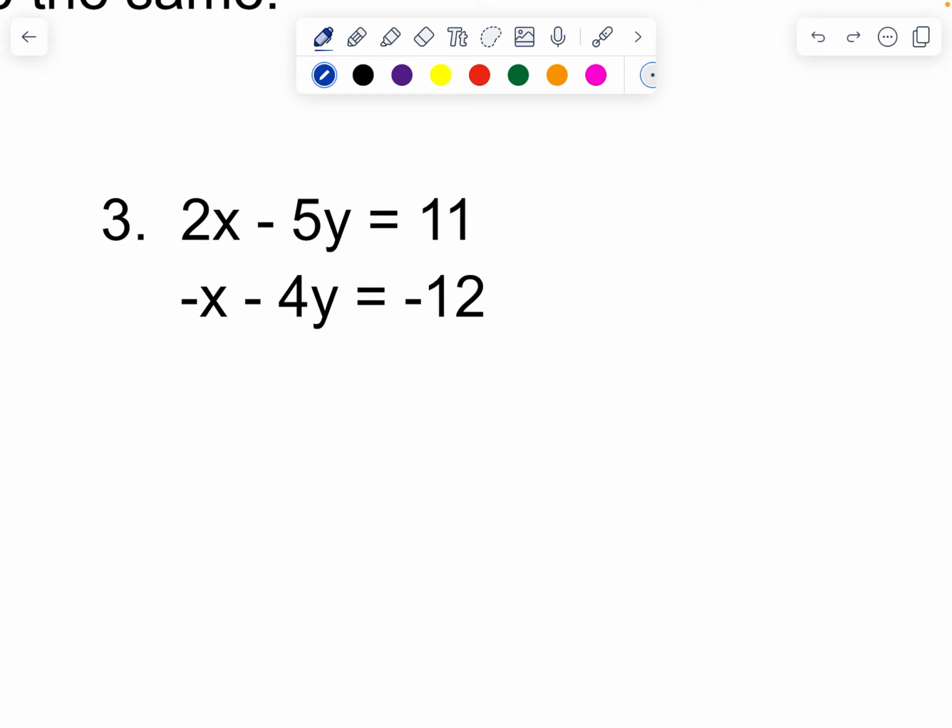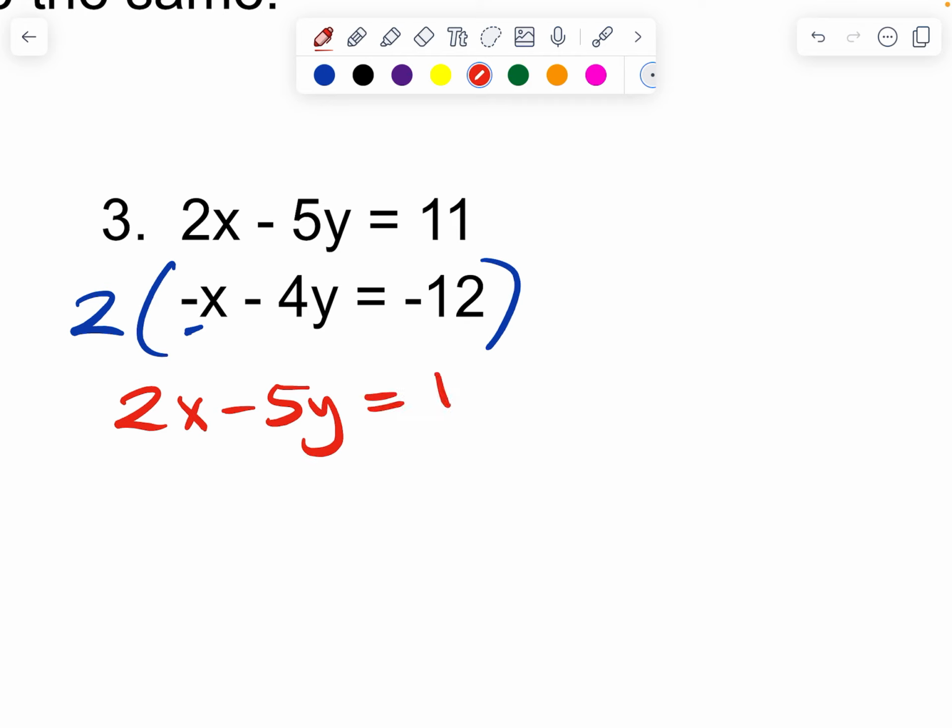I always look to see if there is a coefficient of 1 or negative 1, and there is right here. So I'm going to multiply this equation by 2. First I'm going to write down the first equation. I will get negative 2x minus 8y equals negative 24.